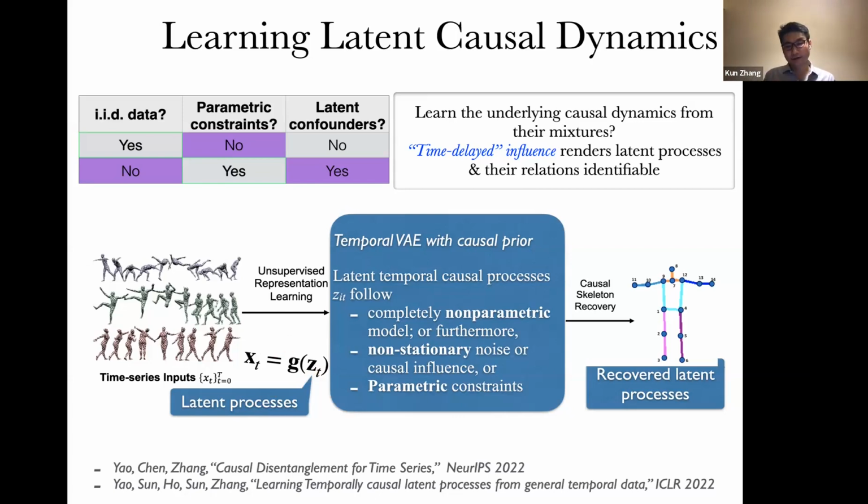Then you can show the following thing. Even if the mixing or generation function G and the causal relations among the latent processes Z are completely non-parametric, under rather mild assumptions, the latent processes can be recovered up to a component-wise transformation, meaning that each latent process can actually be recovered from the observational data, like video data.